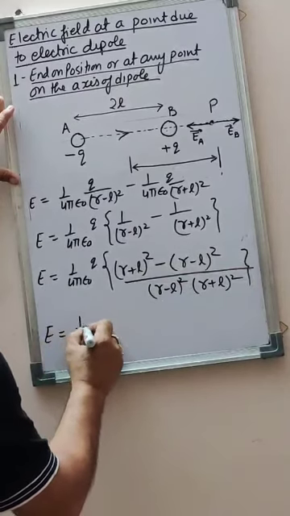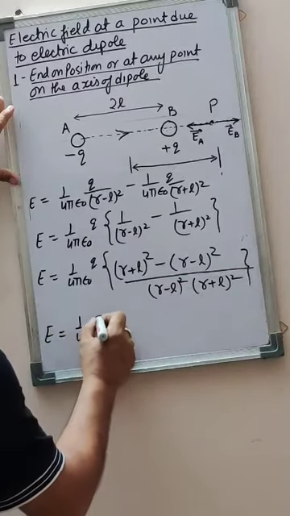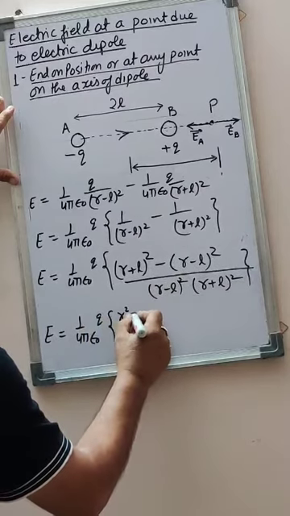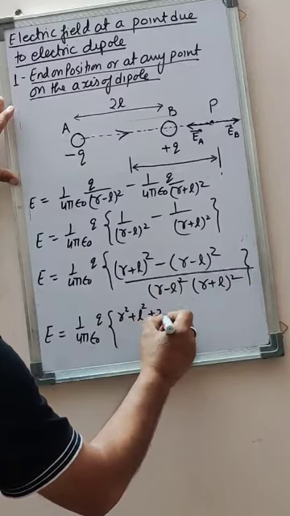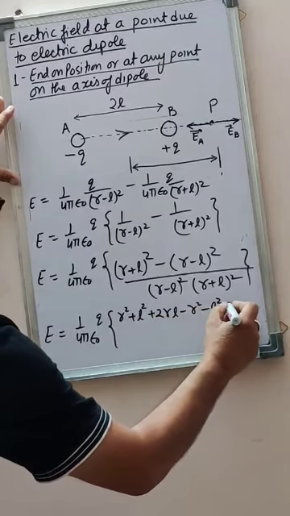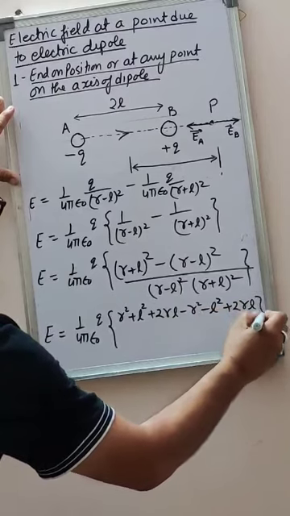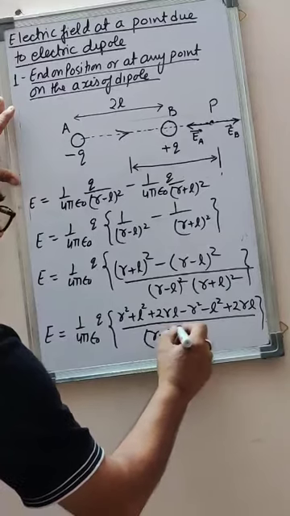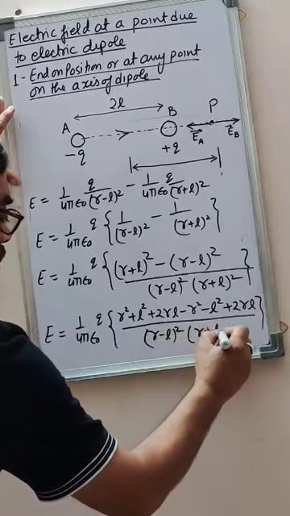E will be equal to 1 by 4 pi epsilon naught Q. Open these two: R square plus L square plus 2RL minus R square minus L square plus 2RL, divided by R minus L whole square, R plus L whole square.